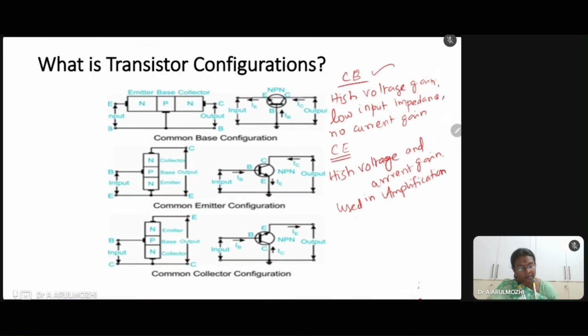And the third one is our CC, the common collector configuration.